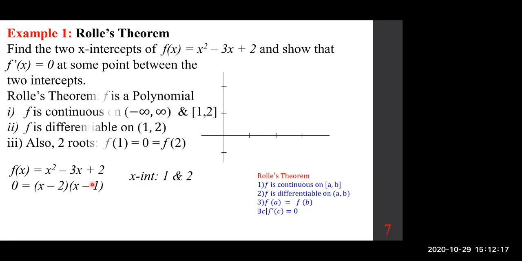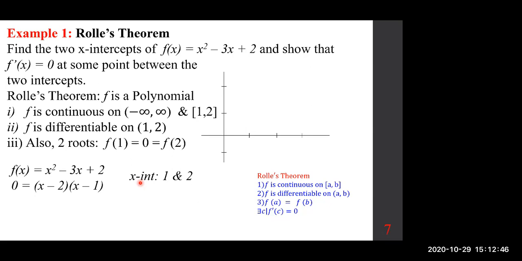So Rolle's theorem applies. f is a polynomial, so f is continuous from negative to positive infinity. Therefore, it's continuous on the closed interval from 1 to 2. f is differentiable on (1, 2), it's a polynomial, remember that. Also there are two roots, which means f of 1 equals f of 2.